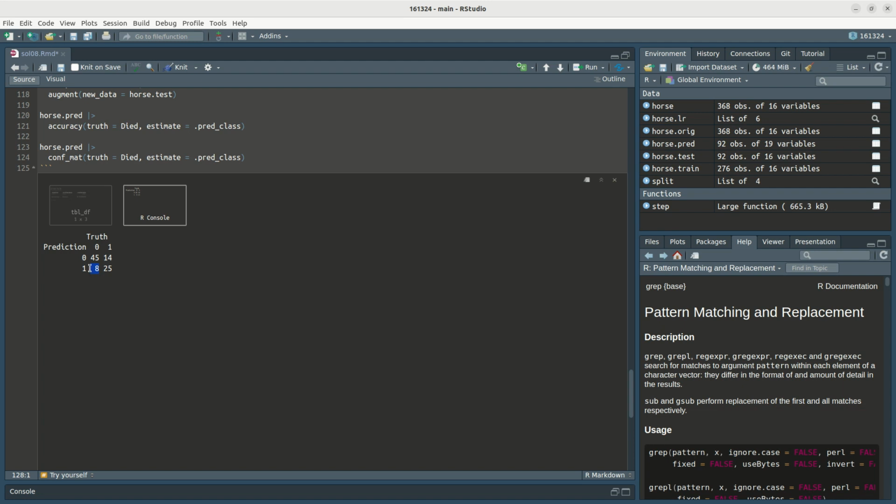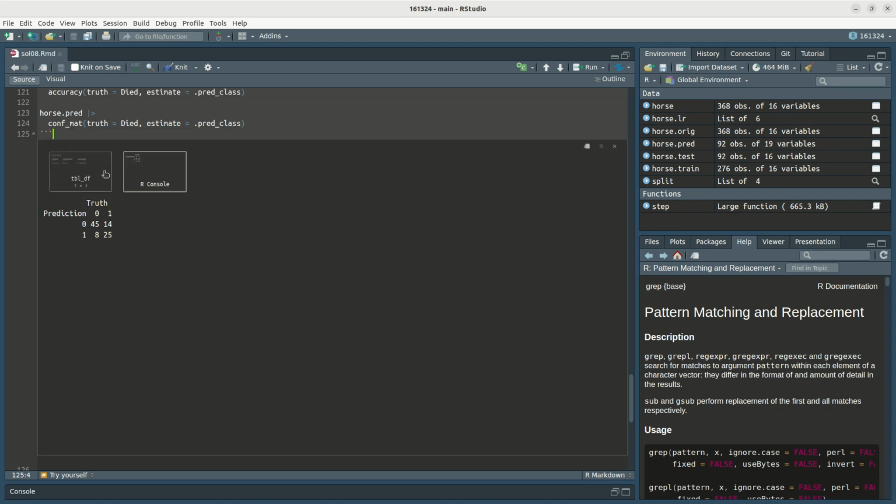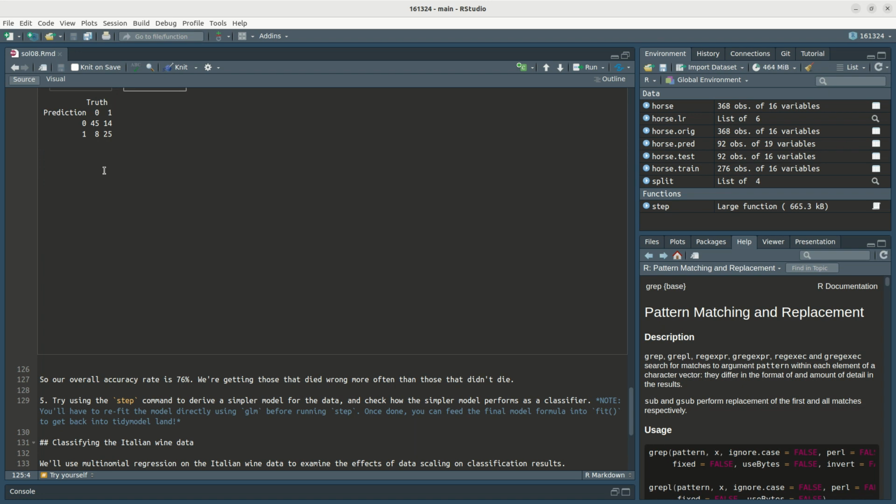Because that's not so bad. We'd be predicting that the horse died, and maybe that would result in some sort of closer look at the animal, but may not necessarily change the outcome for that animal. So we'd want this number to be bigger and that number to be smaller, I would think, if we were using this to screen horses for likely success rate.